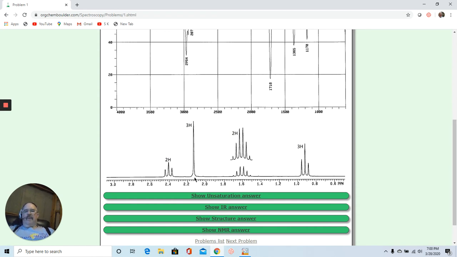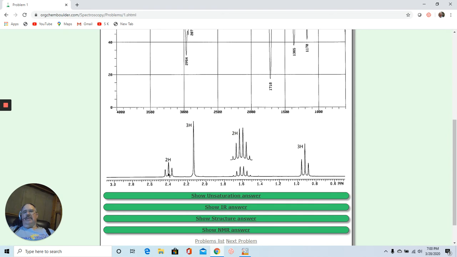So we have a CH3 next to the carbonyl. The other thing that proton NMR tells us is the number of hydrogens producing that signal. So this is a CH3, and this tells us there's no hydrogens on the neighboring carbon. So this would be the CH3 next to the carbonyl.